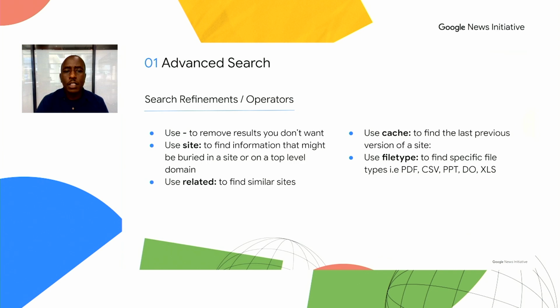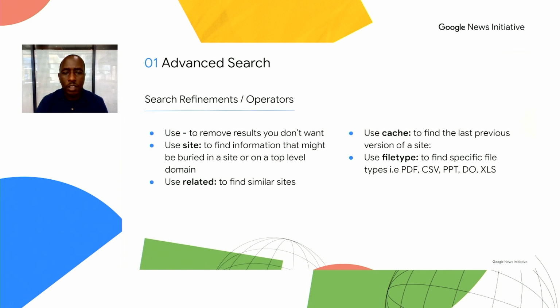Operators are special commands that tell Google search to narrow down results into more detailed and specific results. There's no one right way to use search, but with these tools you can often find different results than what you might find with a typical keyword search.